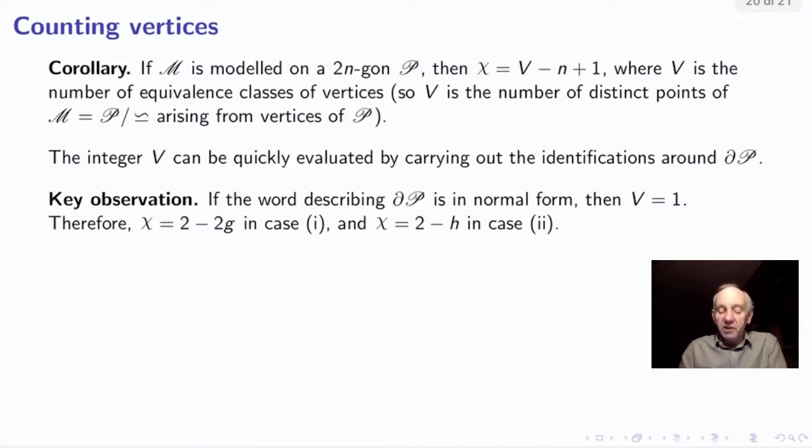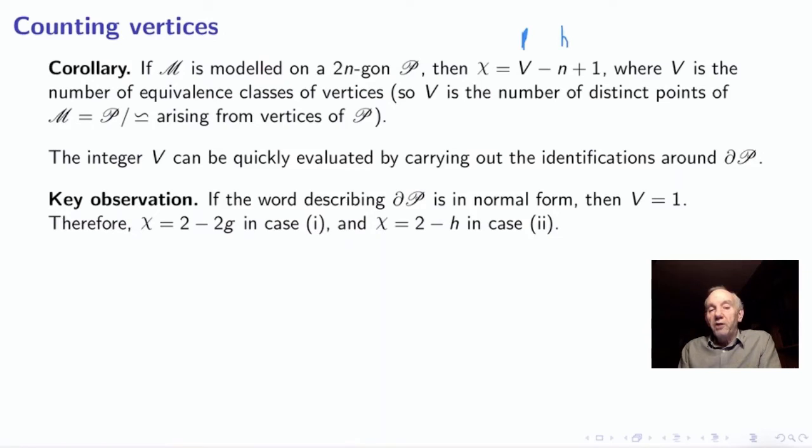If there's only one vertex, let's go back to our formula at the top. Then we just have to worry about the number of edges. In the case of the non-orientable normal form, the number of letters altogether is 2h, not the number of distinct letters, but they're identified in pairs, so the number of edges in that case would be h.